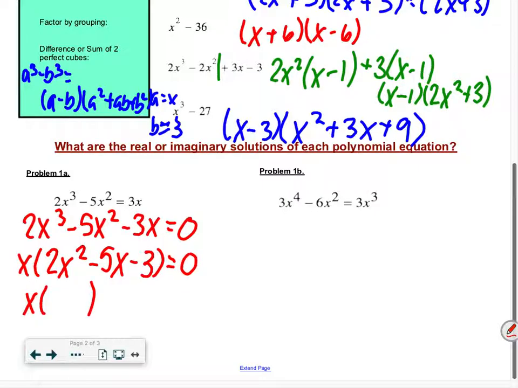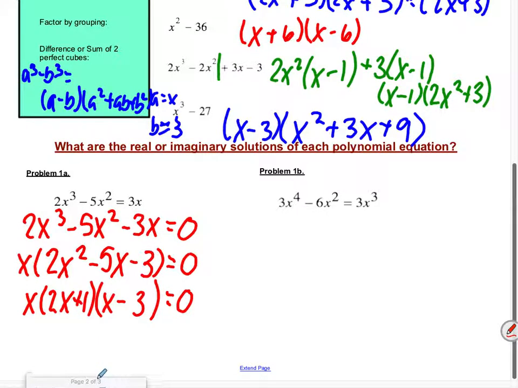What are my two parentheses? 2x and x, 2x and 1x. Which one has the minus? Which one has the plus? The first one has the plus and the second one has the minus. So 2x plus 1, x minus 3, still equal to 0.